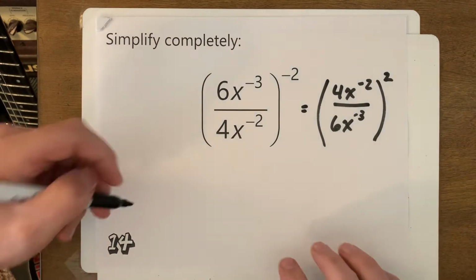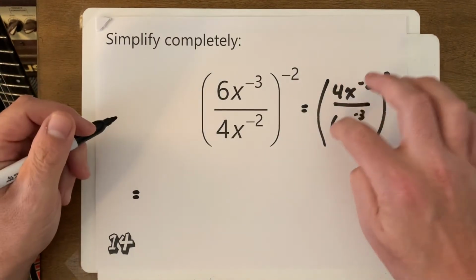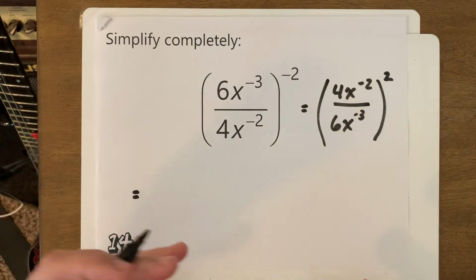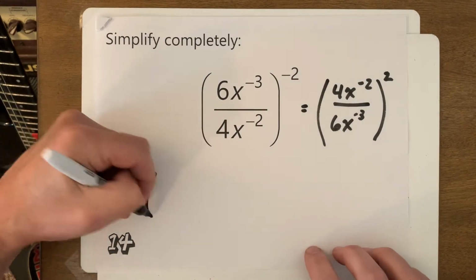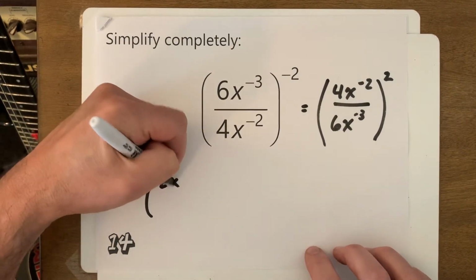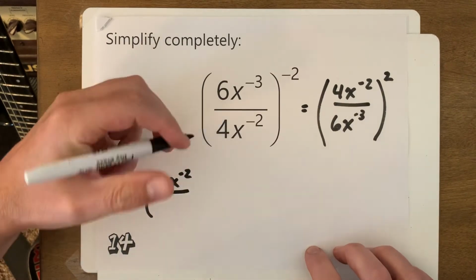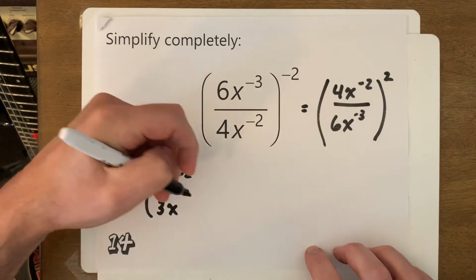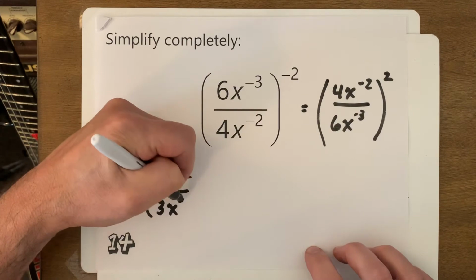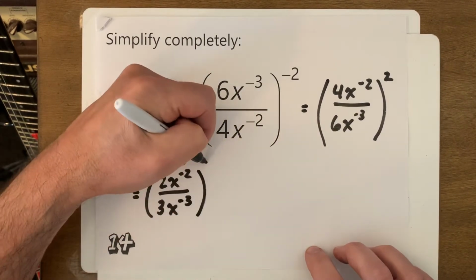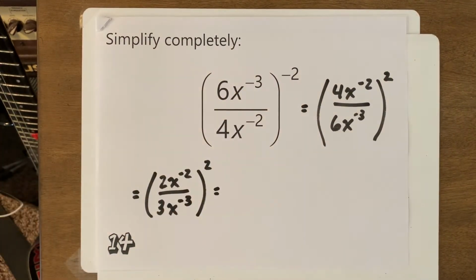So let's go ahead and just do one step where we simplify the 4 and the 6. Whenever you have a chance to make your number smaller, you want to do that. So let's do 2x to the negative 2 over 3x to the negative 3, and all of that is squared. So let's take a look at this now.